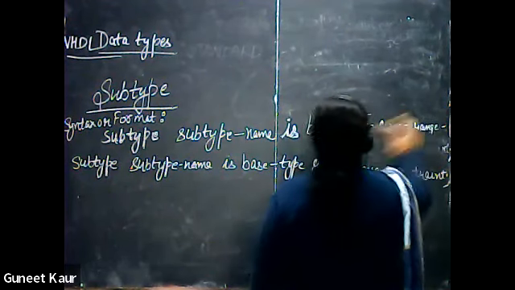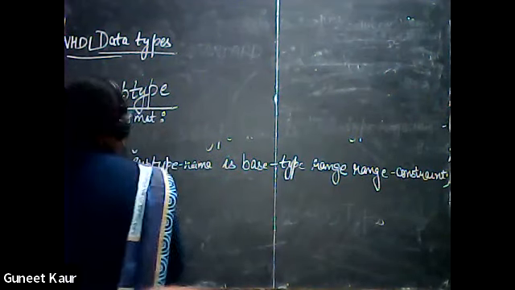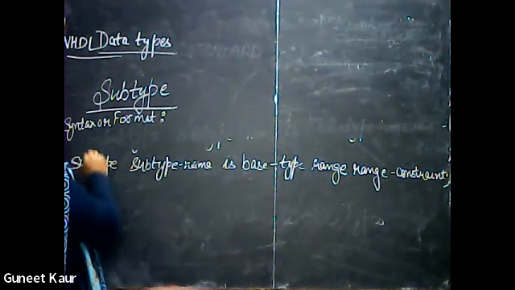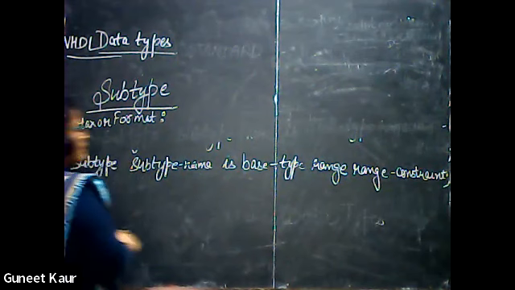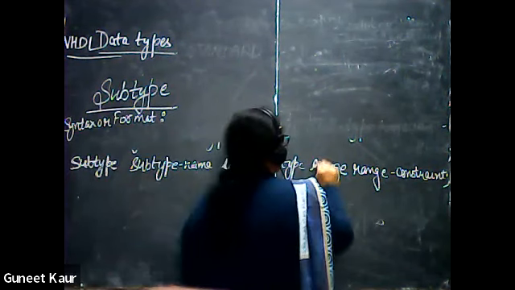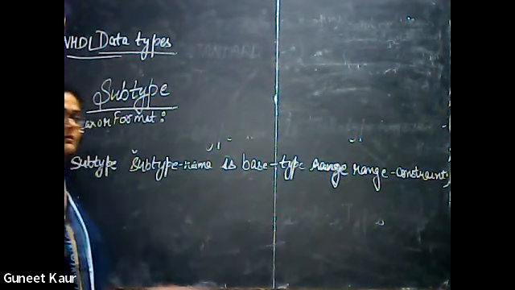Okay, it should all be in the same line. This is the syntax. So here subtype is in bold, is also in bold, and the range word is also in bold. Now I will explain you further.